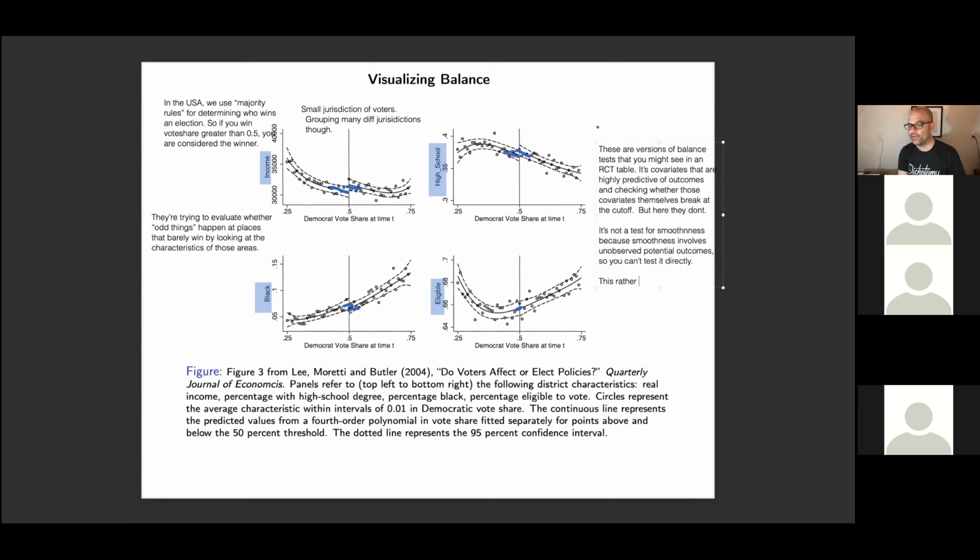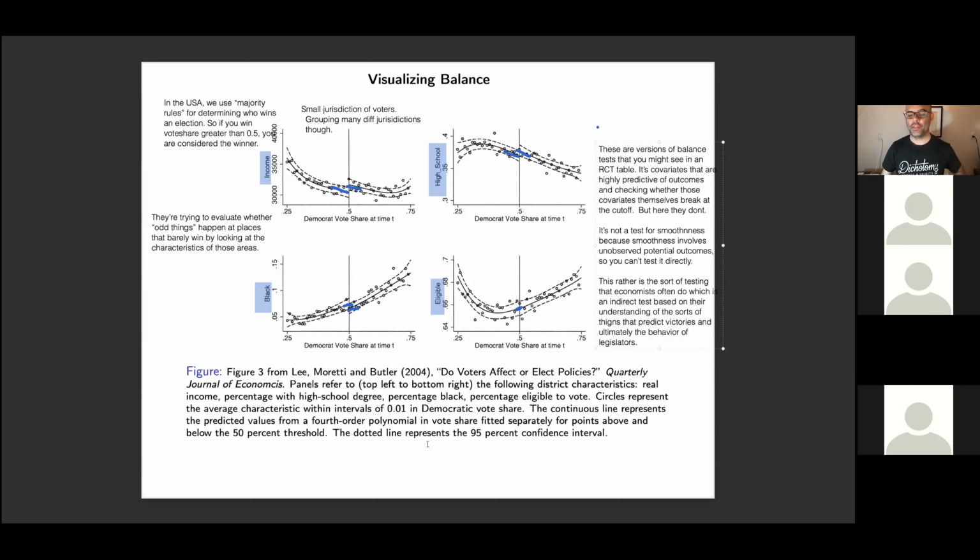This, rather, is the sort of testing that economists often do, which is an indirect test based on their understanding of the sorts of things that predict victories and ultimately the behavior of legislators. Okay, that's what it is.